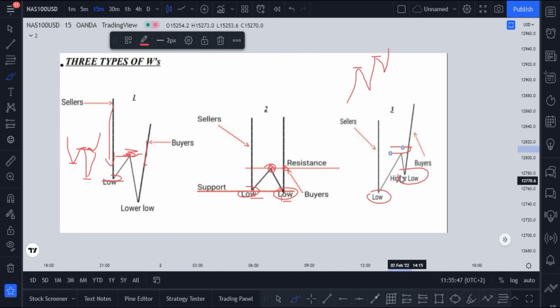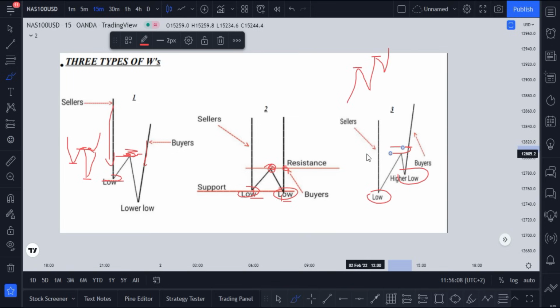So it just comes back over there and finds enough momentum to push past this previous higher high that has been made over here, from the higher low that has been made over here. And then when it breaks through, that is our fourth phase, confirming that we indeed have a W formation, and we can join in the buyers and go along with them, right?